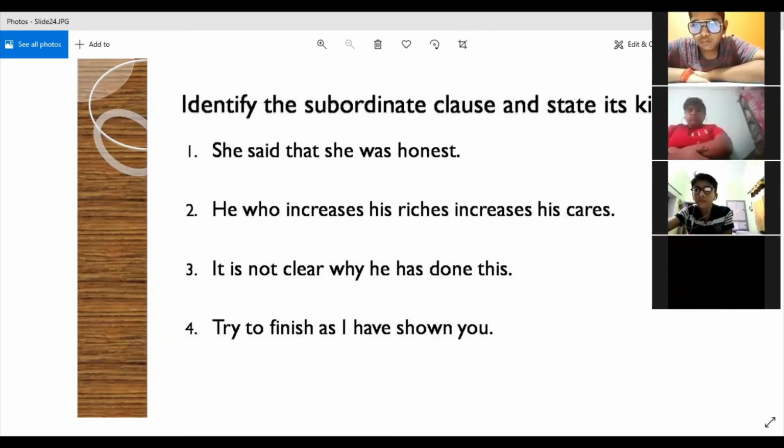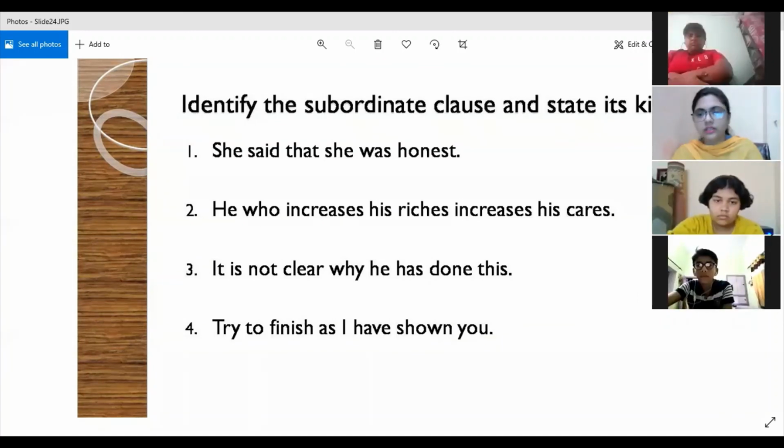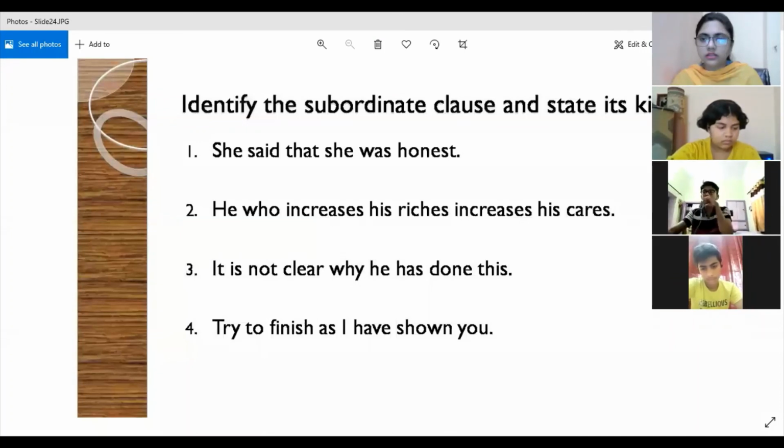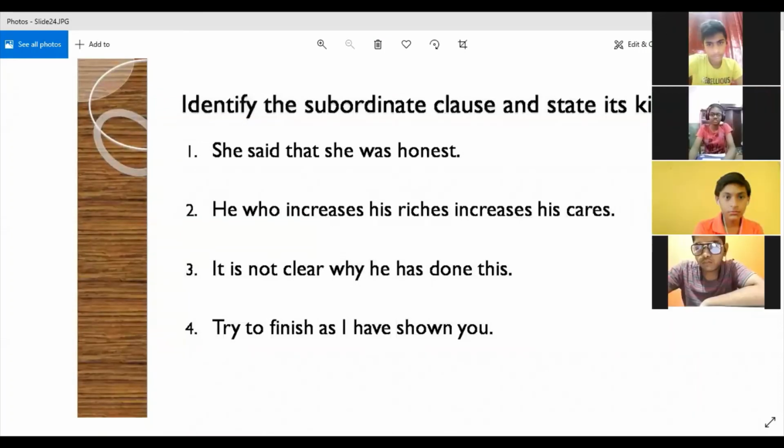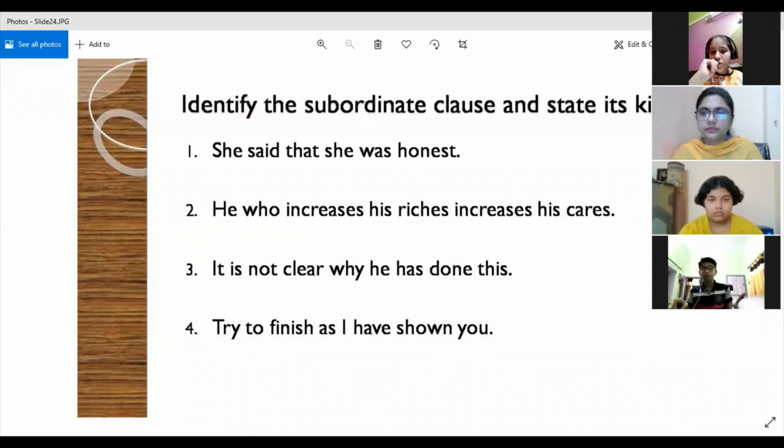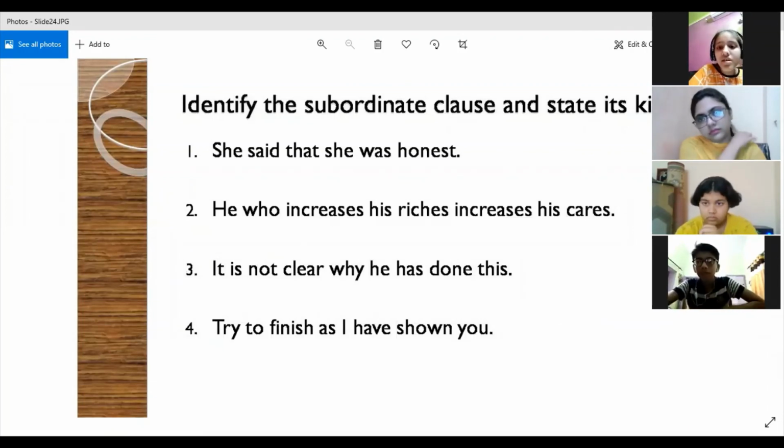Yes. You all may lower down your hands. If still anybody has any doubt, then you may ask. Divyanshi, you have a doubt? Yes. Ma'am, is it always necessary that an adverb clause of manner answers the question how? Yes.